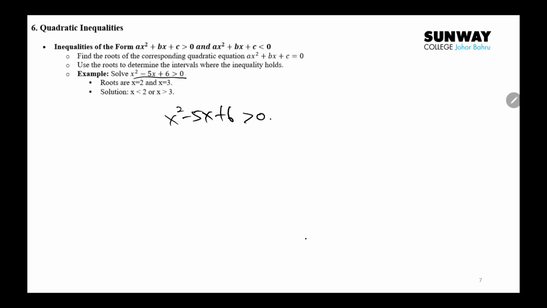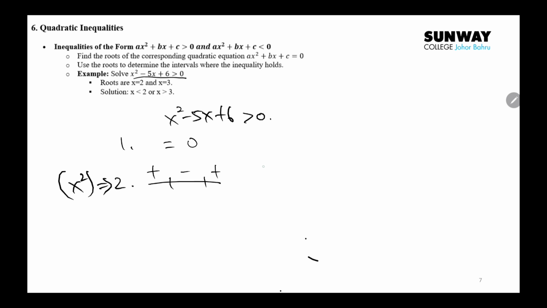The only exception is you first assume that it is equal to 0. Then you will need to draw the number line, where you start from positive, negative, and positive. For every quadratic equation, this number line is always the same and it remains correct.